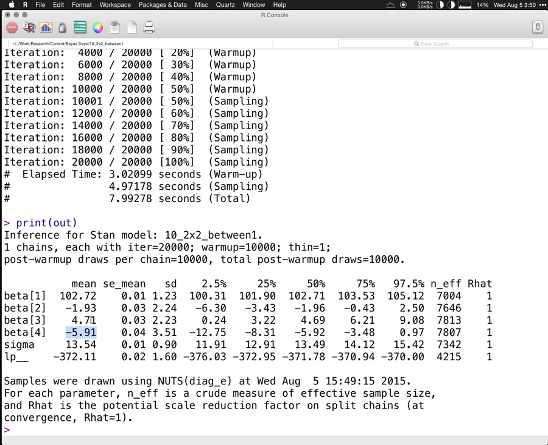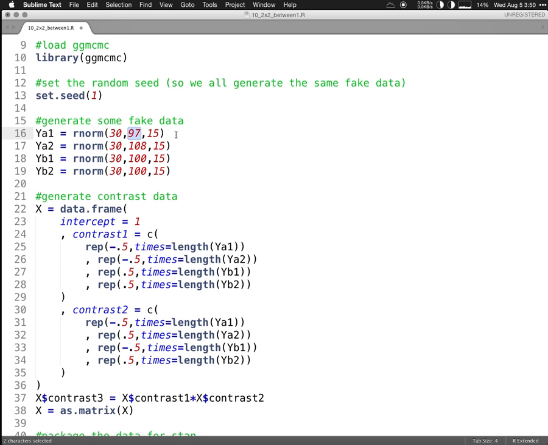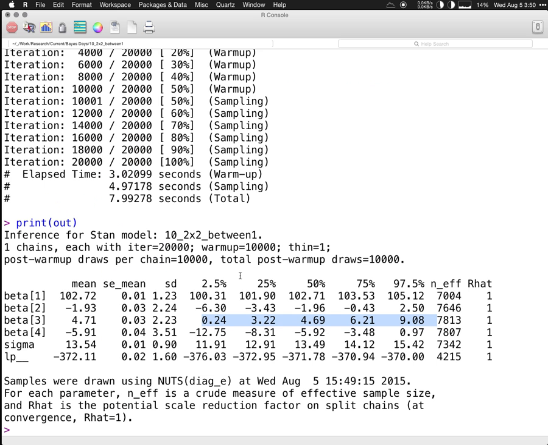I can't recall. Certainly, when we look at the two betas that reflect the two main effects, it looks like there's a bit of a main effect of 1 versus 2, probably driven by this large difference here.